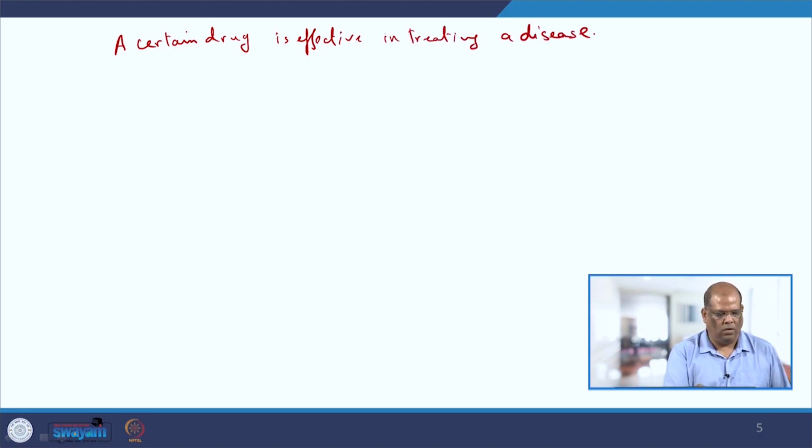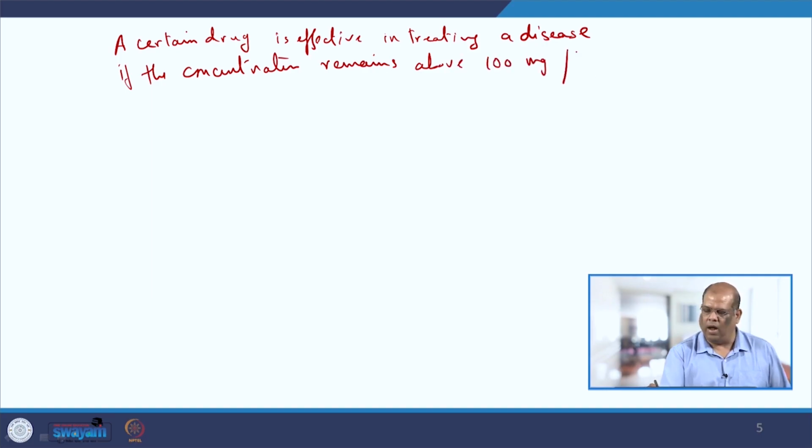We assume that a certain drug is effective in treating a disease if the concentration of the drug remains above 100 mg per L. This L is some plasma concentration.